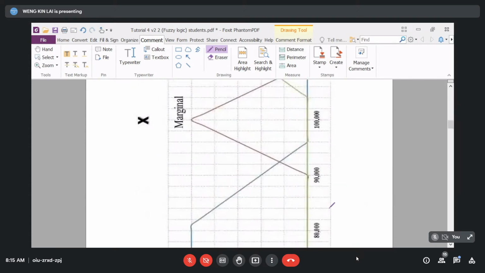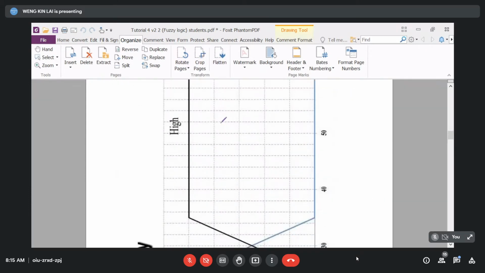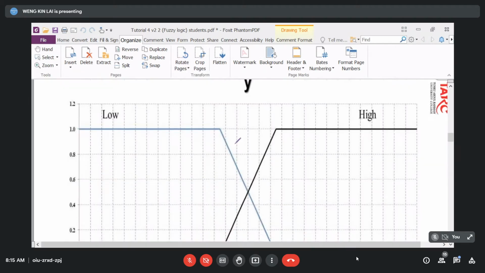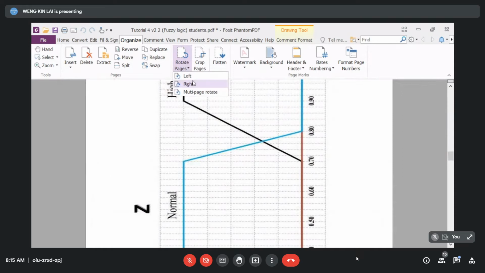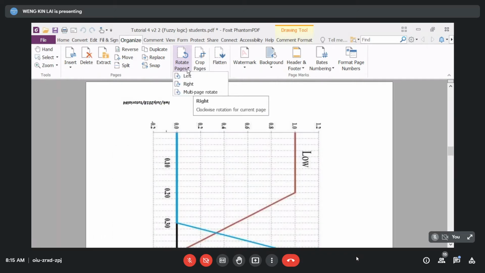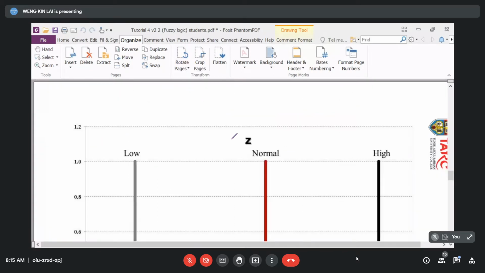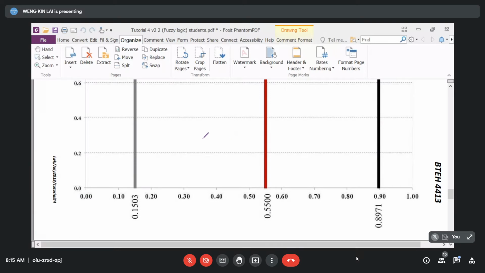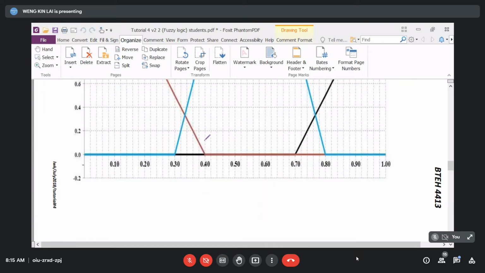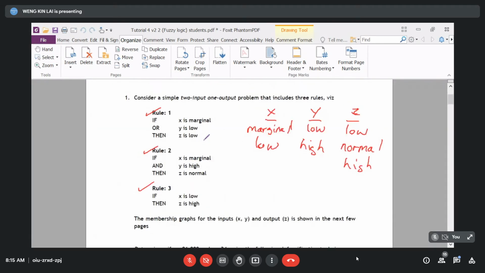As shown on the next page, my X is marginal and low.